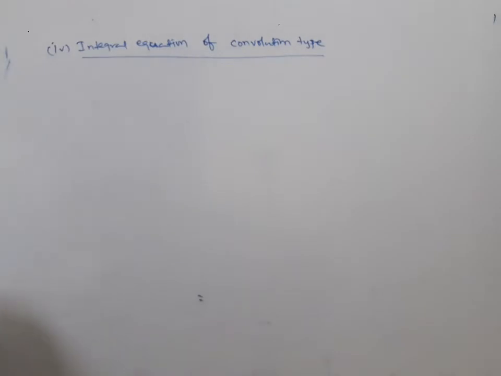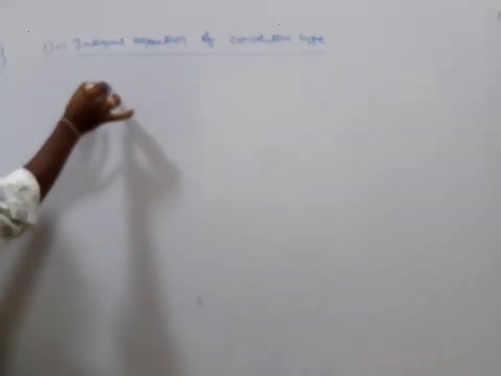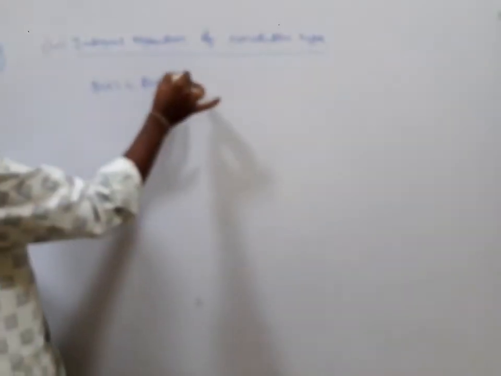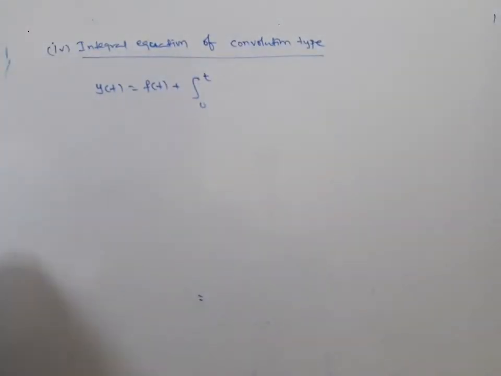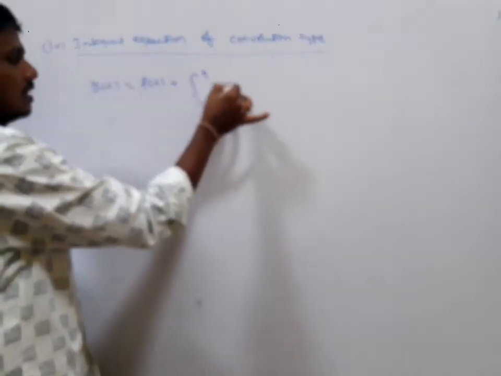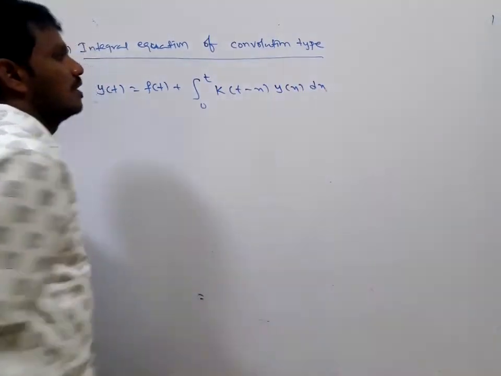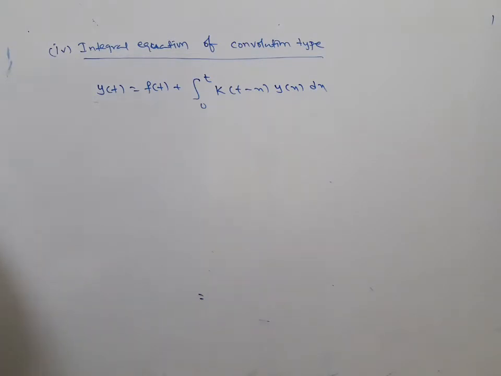Suppose I am taking the integral equation y of t is equal to f of t plus the integral from 0 to t of k of t minus x into y of x dx, whatever the variable is existing there, in which the kernel k of t minus x is a function of the differences, the same as the Volterra equation of the second kind.